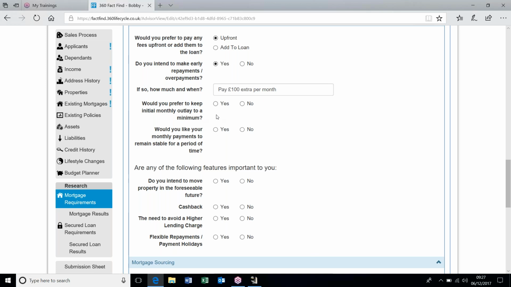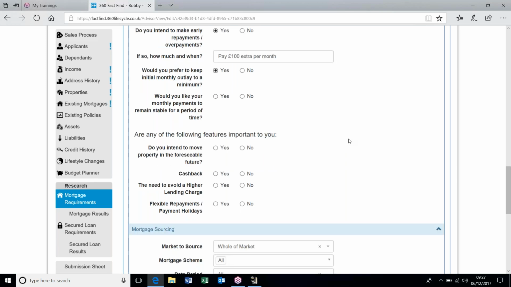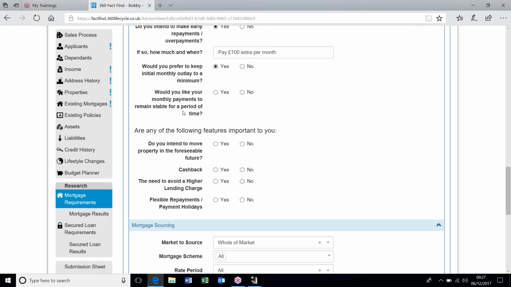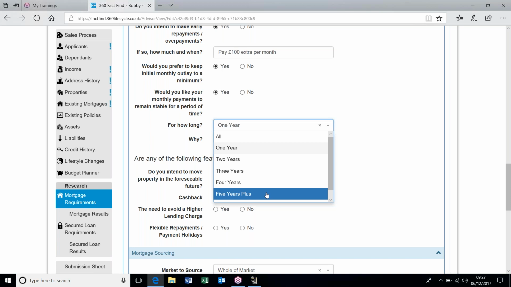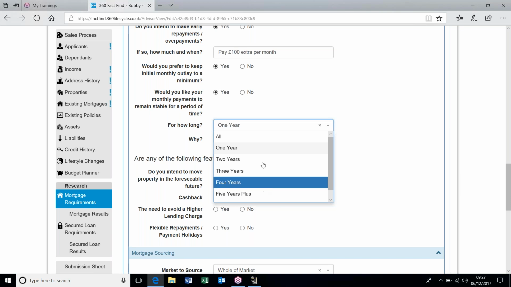Would you prefer to keep initial monthly outlay to a minimum? If you say yes to that, then that's going to pretty much give us the opportunity to give them a fixed rate mortgage or capped, if they even do those anymore. Would you like your monthly payments to remain stable for a period of time? Again, yes, that's going to be linking to the fixed rate part. So here we go, for how long I can put in up to 5 years plus, and let's go for 3 years in this instance.